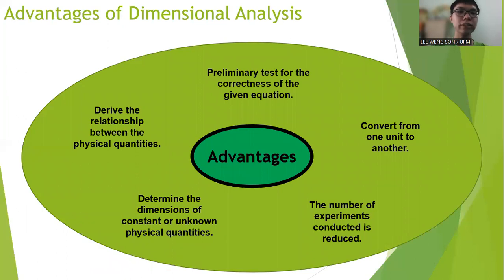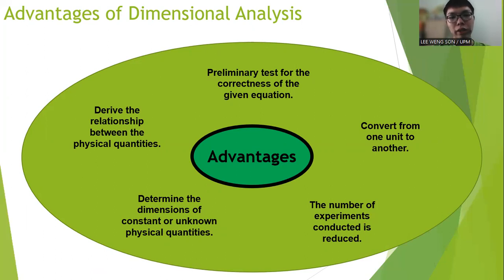The last part of this video presentation is about the advantages of dimension analysis. It is quite similar to the uses, but this time it gives you more information about its benefits.